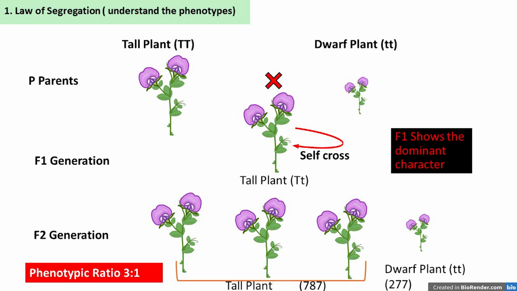Monohybrid means taking only one character at a time, like here it is tallness. If you take flower color or seed shape, fine, but one character at a time. That is a monohybrid cross, and in a monohybrid cross you find the phenotypic ratio as 3:1.